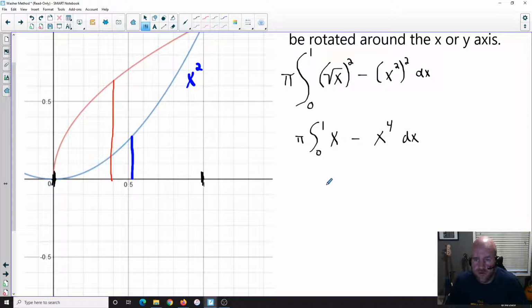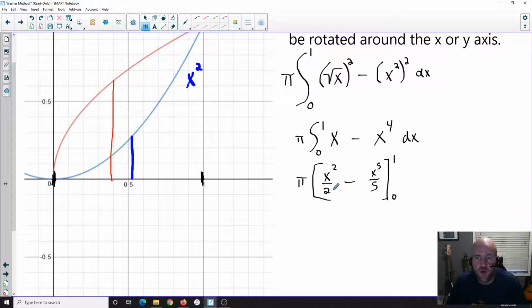So the integral of x is x squared over 2 minus x to the fifth over 5. Evaluate from 0 to 1. Okay, and then remember that constant's out front, so we're just going to leave it out there.